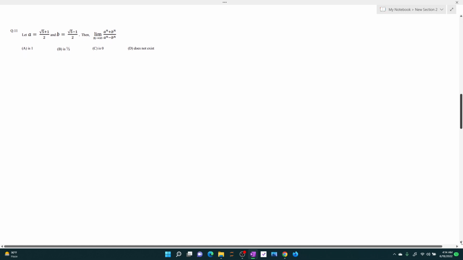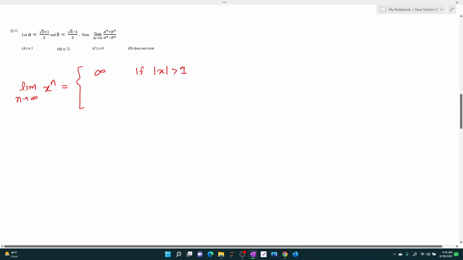Question number 11, right? Okay. So here they have given us two values, A and B, right? But before going to the values of A and B, one simple point: we know that for the limit as n approaches infinity of x power n, this will go to infinity if the modulus value of x is greater than 1.